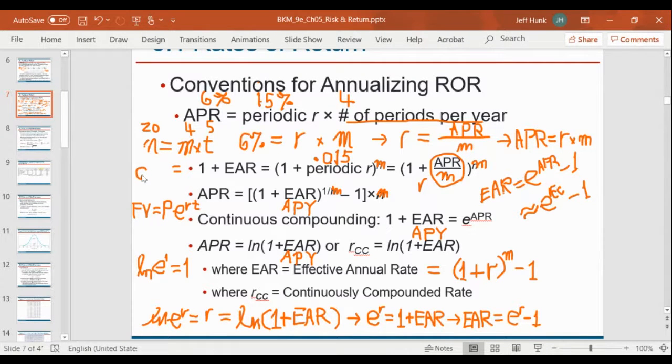We know what this 6.14% is called: the effective annual rate or equivalent annual rate, also called APY, annual percentage yield. So there will be a slight difference between APR and APY because of this compounding.